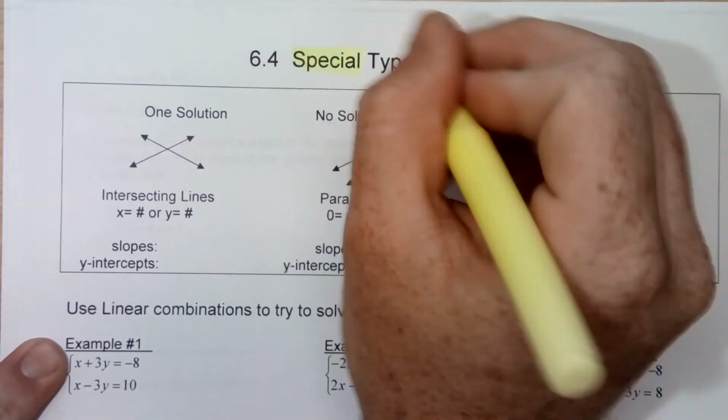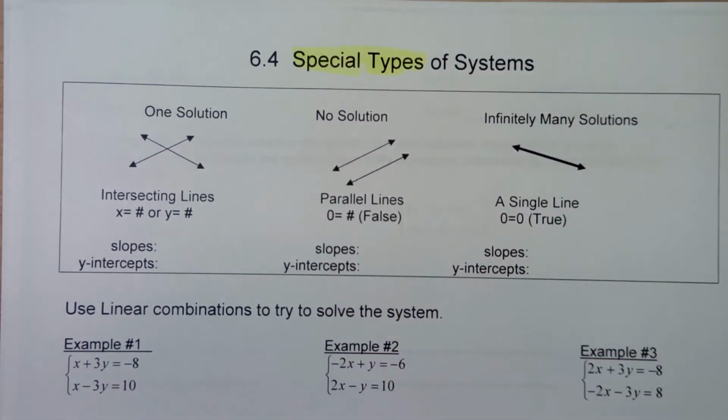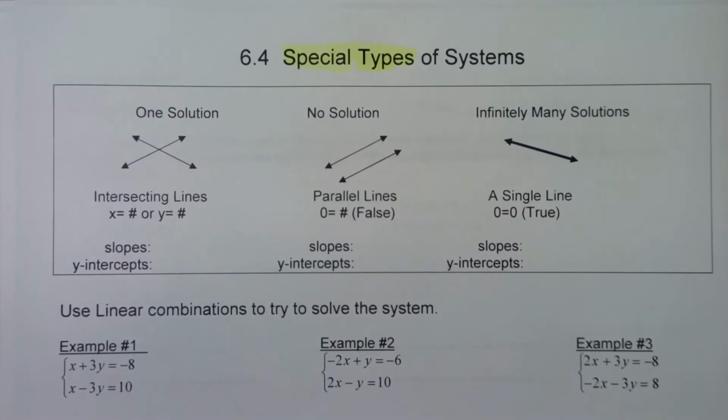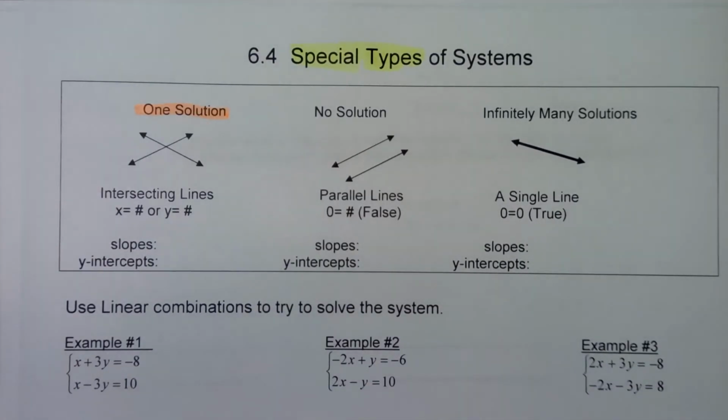Those special types of systems are going to be our parallel lines, our intersecting lines, or just a single straight line. So we have three different options here, right? When we have one solution, which is normally the case, we will have intersecting lines, and our solution will be where those lines intersect.